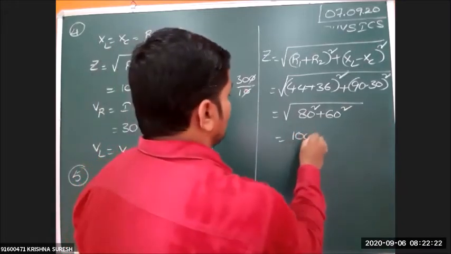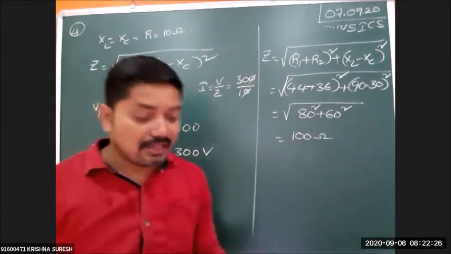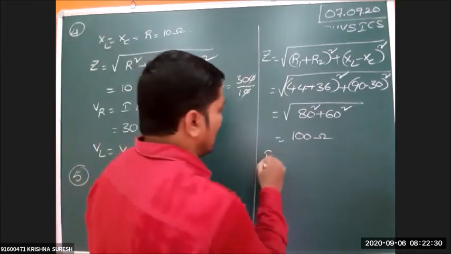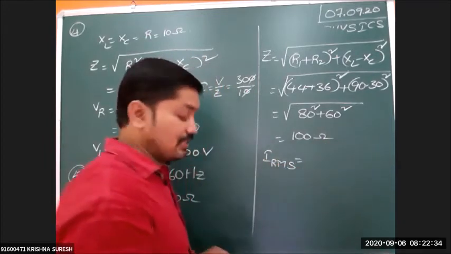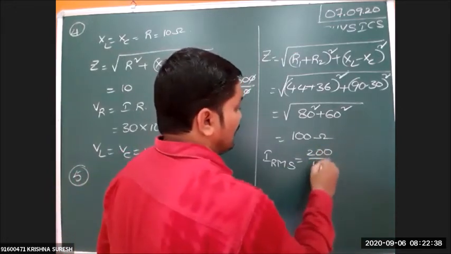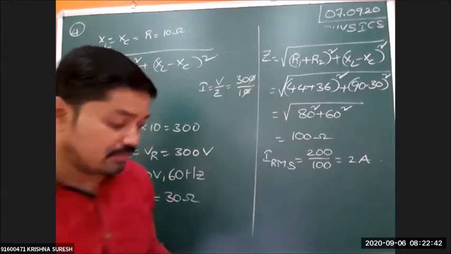Okay. Then this is nothing but 100 ohms. So we got impedance. Next, what we have to find is RMS value. So IRMS can be written as VRMS by Z. VRMS how much he gave you? 200. So 200 by 100. So that is 2 amperes, IRMS value.